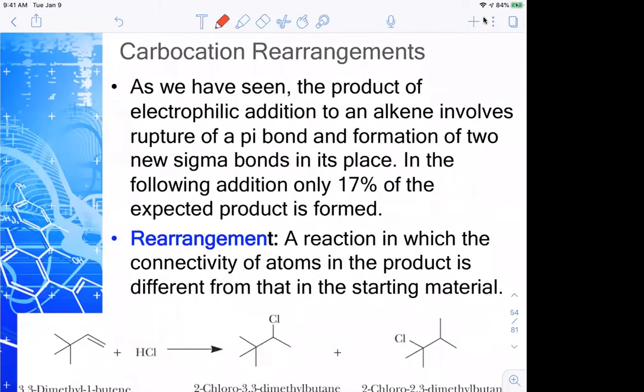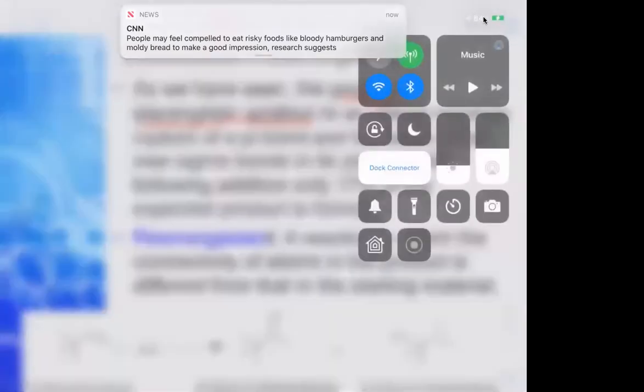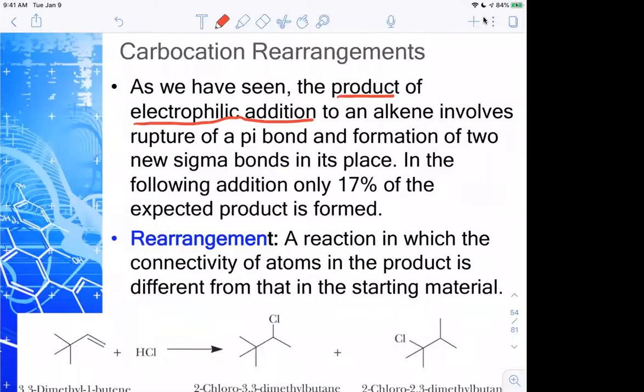hydration. So as we've seen, the product of my electrophilic addition to this alkene involves the rupture of a pi bond and formation of two new sigma bonds.